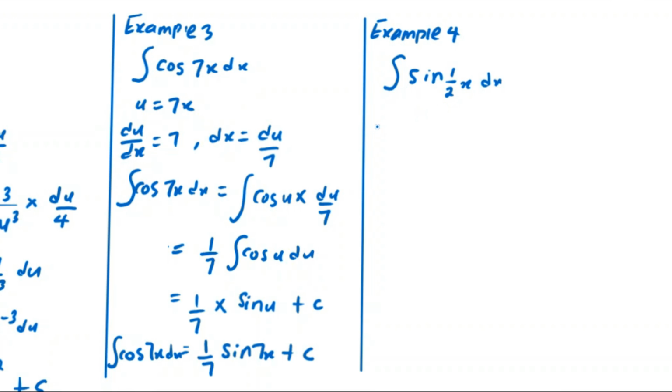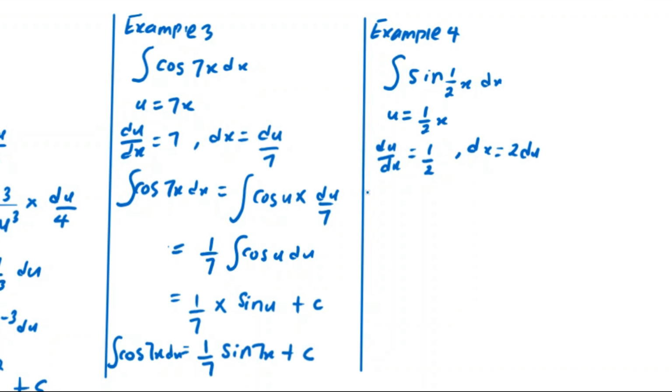Same approach, we'll let u be equal to 1 over 2 x. It therefore means that du/dx will give us 1 over 2. So from here, it means that dx is equal to 2 du.